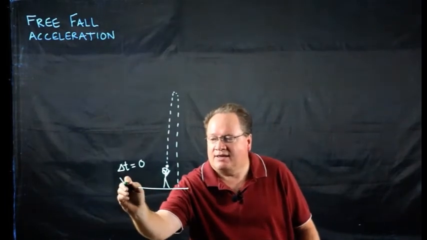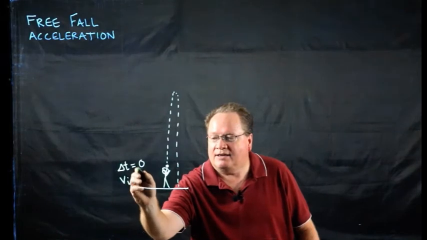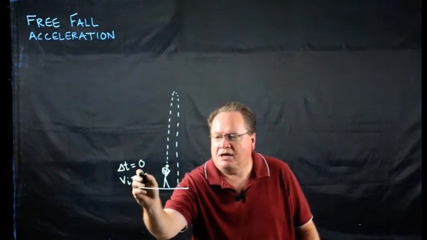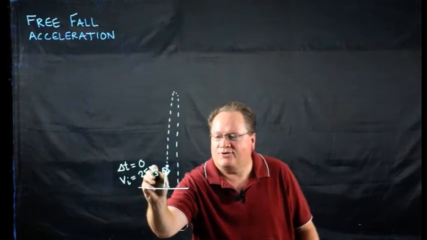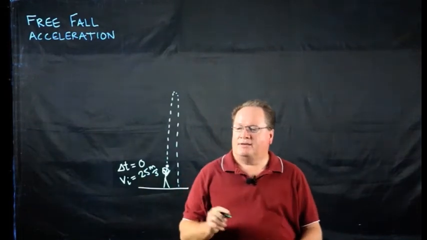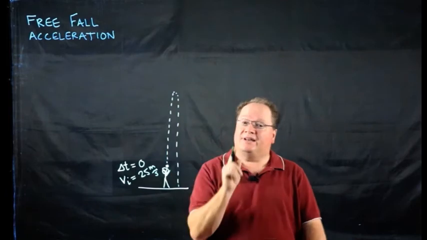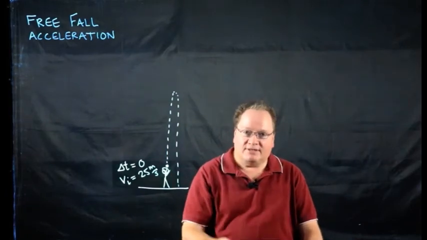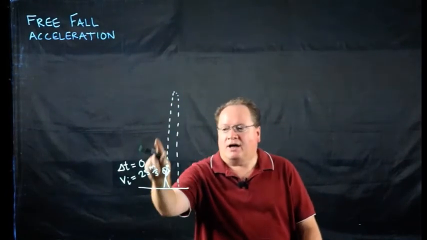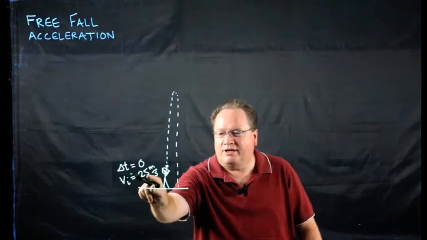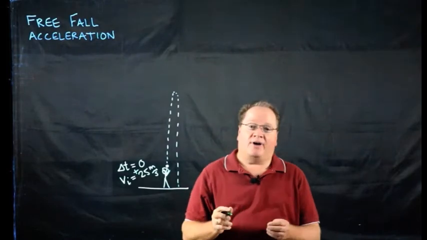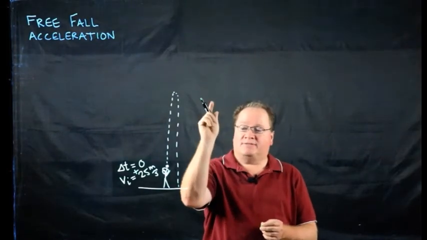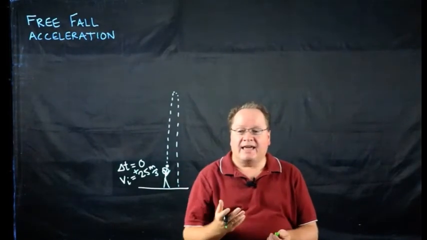Let's say that my VI is, I'll say 25 meters per second. Okay? And because it's going upward, because they're tossing the ball upward, I would say that not only is it 25, but it is positive 25, since upward motion is positive and downward motion is negative.